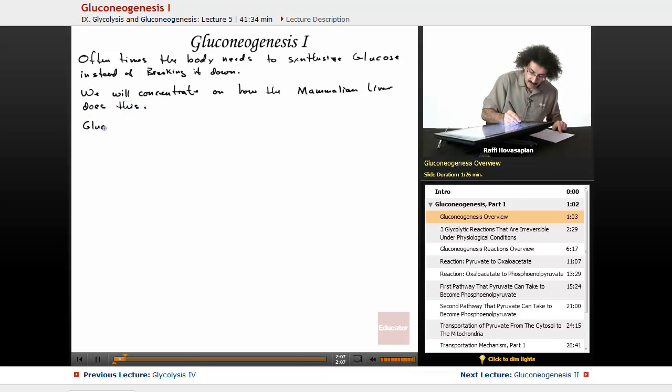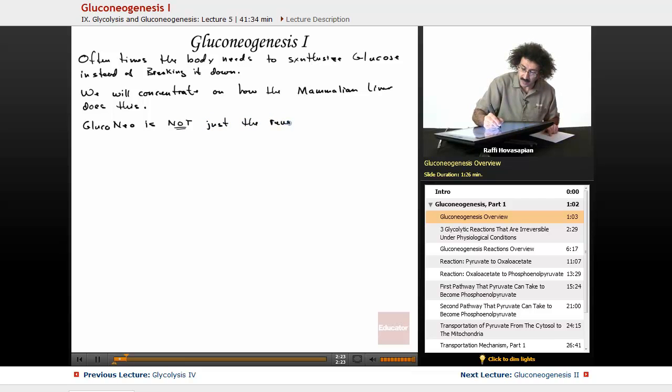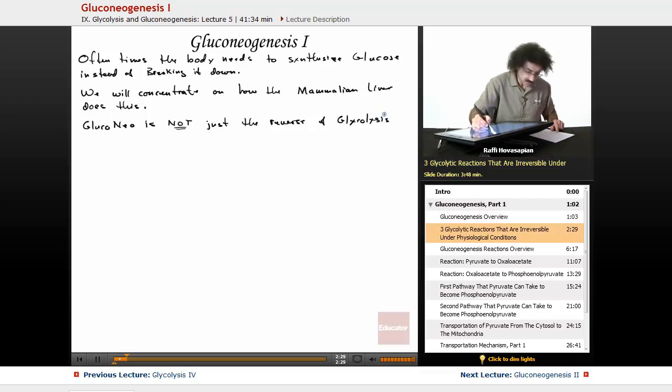Okay, so gluconeo, I'll just call it that for short. Gluconeogenesis is not the reverse of glycolysis. Not just the reverse of glycolysis. Okay, so now we can start.